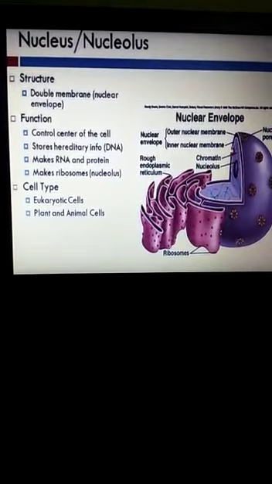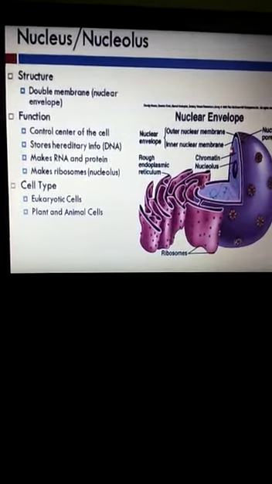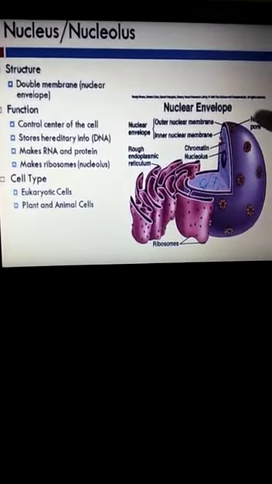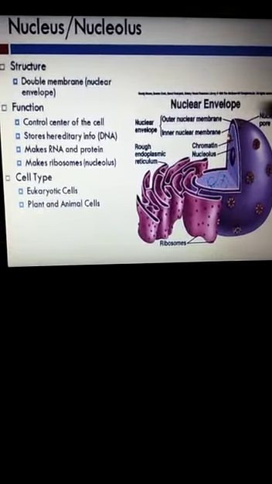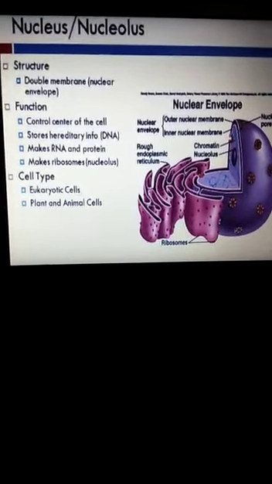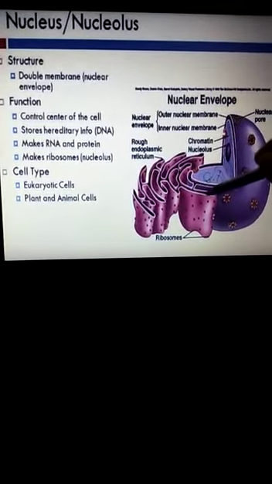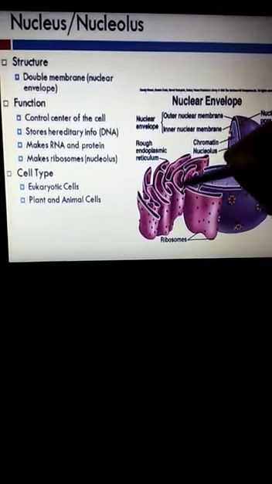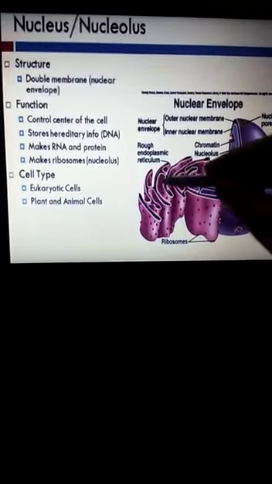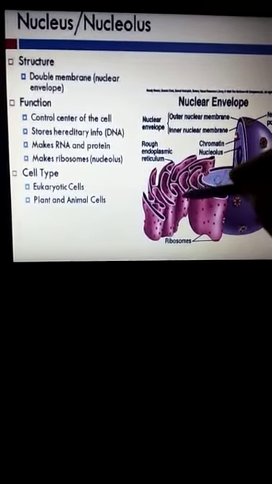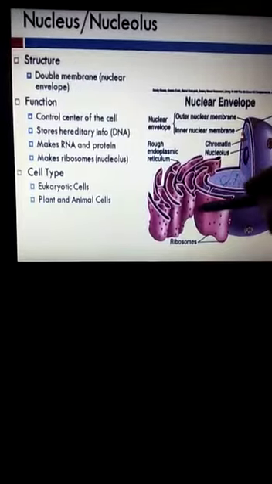Now, moving further from the same part, we need to understand that from this nucleus that we have over here, we have certain extensions. Can you see? From the outer membrane of the nuclear membrane, we have certain extensions over here. Can you see this? And we have already discussed that this is the endoplasmic reticulum.